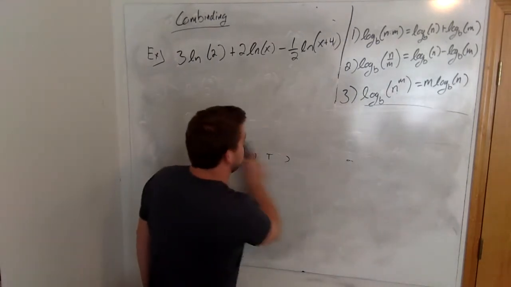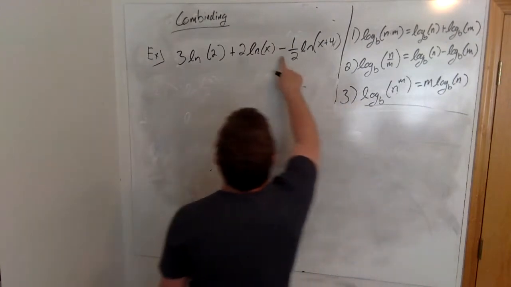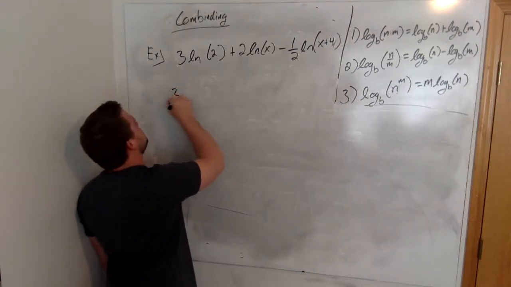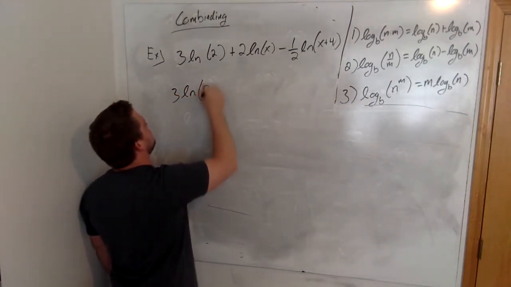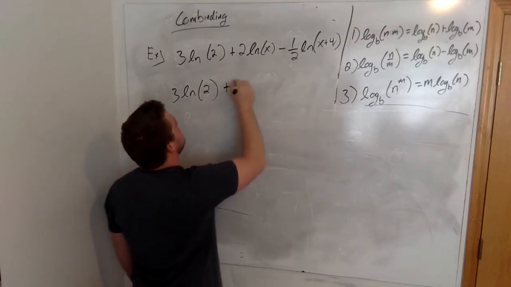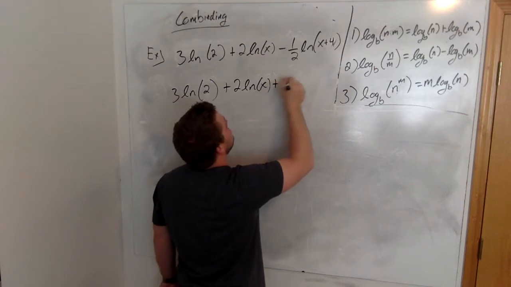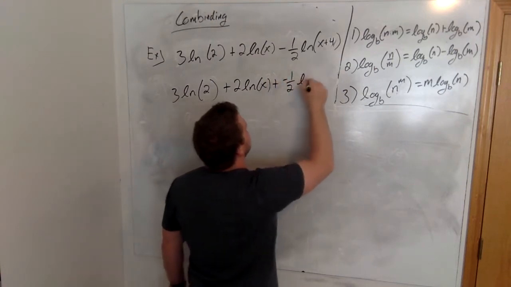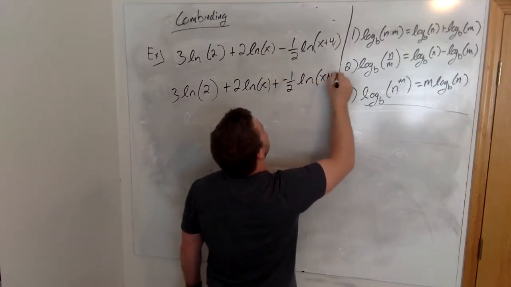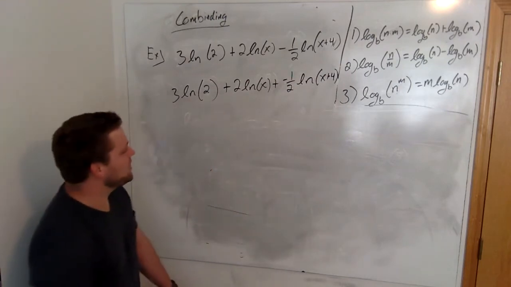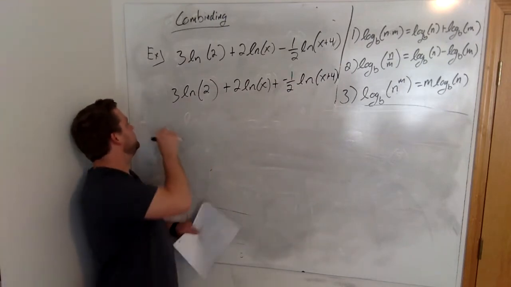So you may have thought this way. Maybe you said this is the same thing as 3 times the natural log of 2 plus 2 times the natural log of x, and that's just adding a negative 1/2 times the natural log of x plus 4. We could use log rule 3 here.